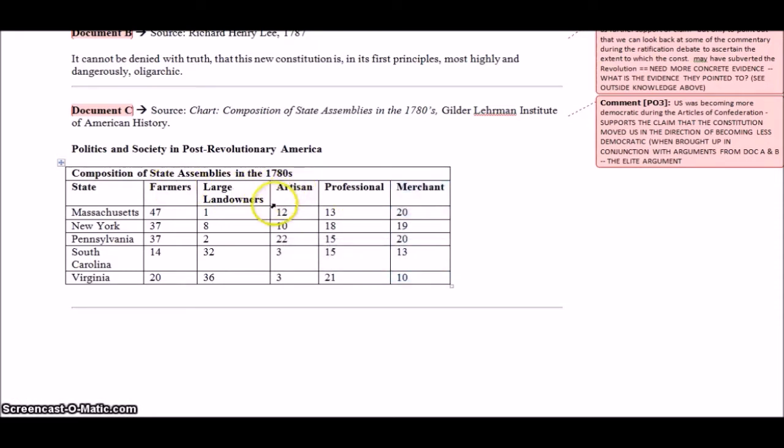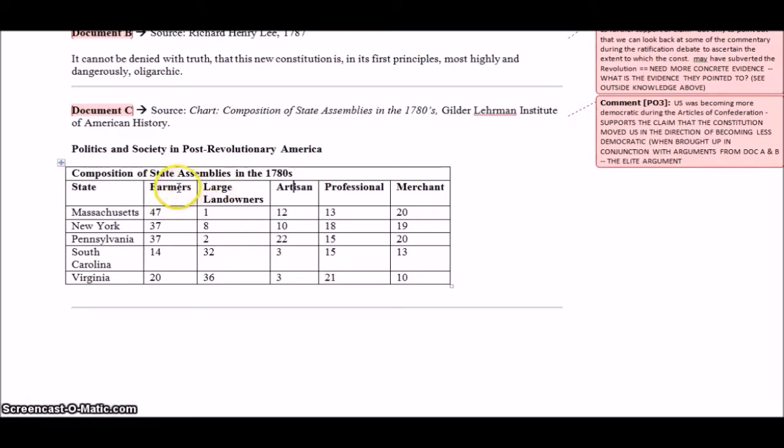Artisans ranged in wealth from low-level, middling artisans, and there were some artisans who were pretty well off. But remember, it was a differential society. So an artisan who was well off didn't make it into the social elite circles of the professionals, the merchants, and the landowners. And we know the farmers were not elite because it says large landowners.